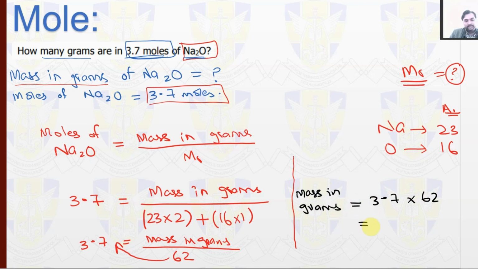So solve it in a calculator: 3.7 multiplied by 62, and you are getting 229.4. Since it's mass in grams, obviously the unit would be grams. So 229.4 grams is your final answer.